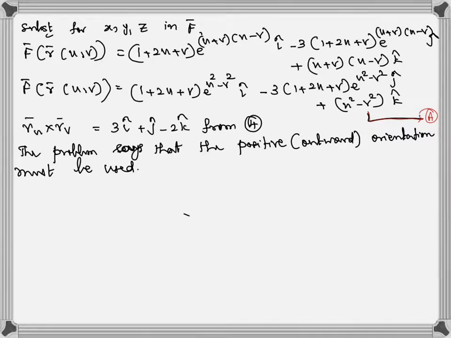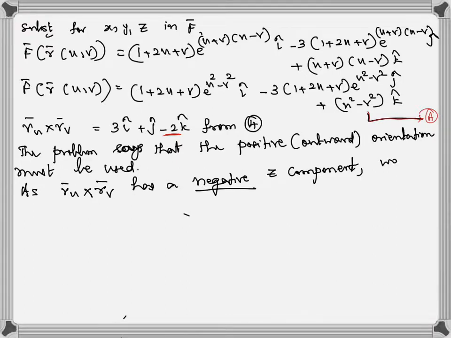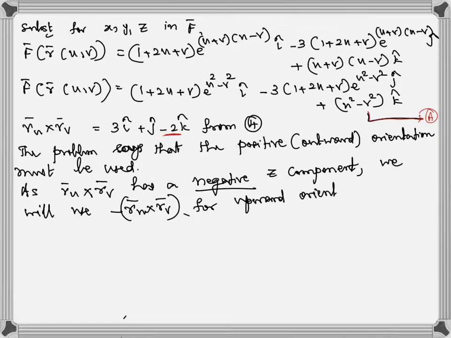In order to make it positive, we have to change the sign. So we will use negative of R_u cross R_v in the formula to make it positive, upward orientation.